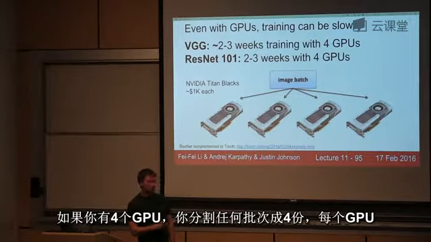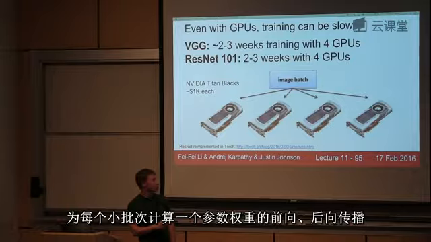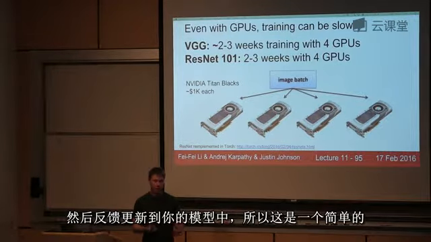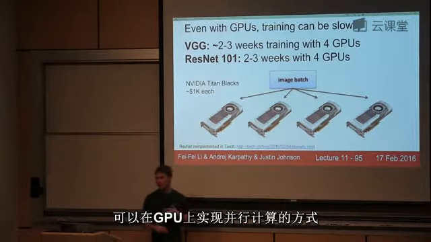You'll split the mini batch into 4 equal chunks. On each GPU, you'll compute a forward and a backward pass for that chunk, and you'll compute gradients on the weights. You'll sum those gradients after all 4 GPUs finish and make an update to your model. So this is a really simple way that people tend to implement distribution on GPUs.